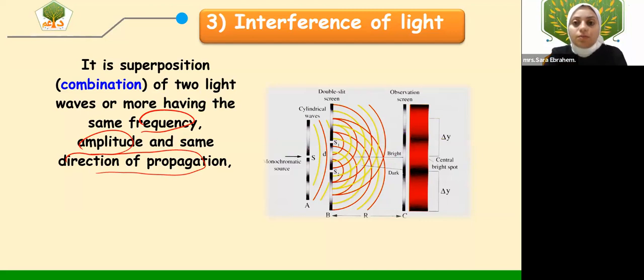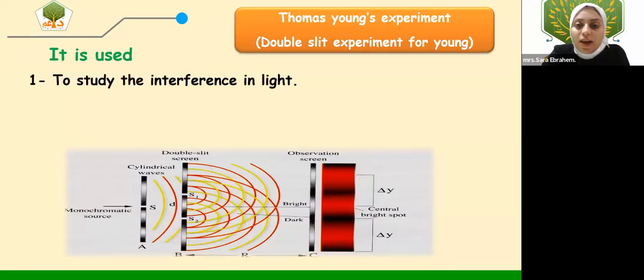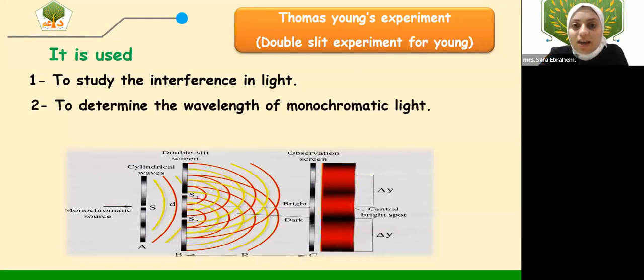To understand the meaning of light interference, Thomas Young did an experiment. It's called Young's double slit experiment.